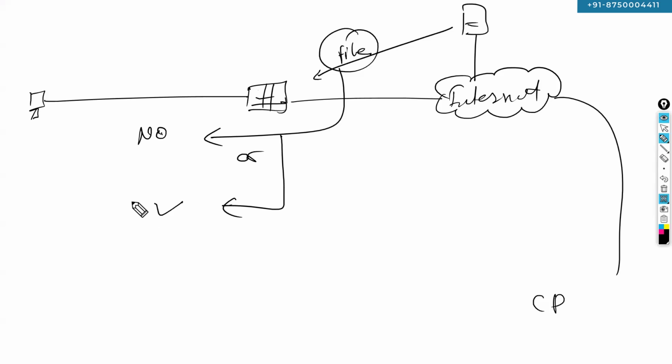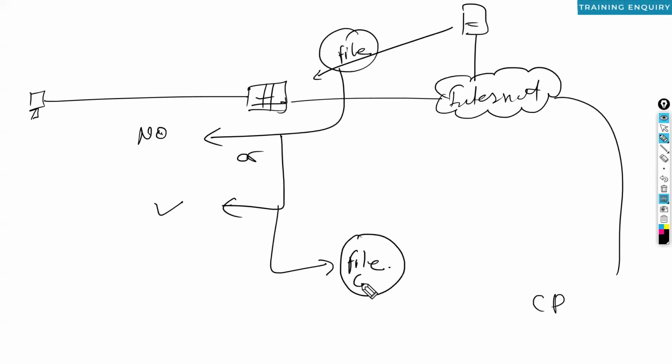If that matches, the same file copy, the unknown attack information, will be sent to the cloud. It means the file which contains that virus or attack, that file copy will be sent to the Check Point cloud.